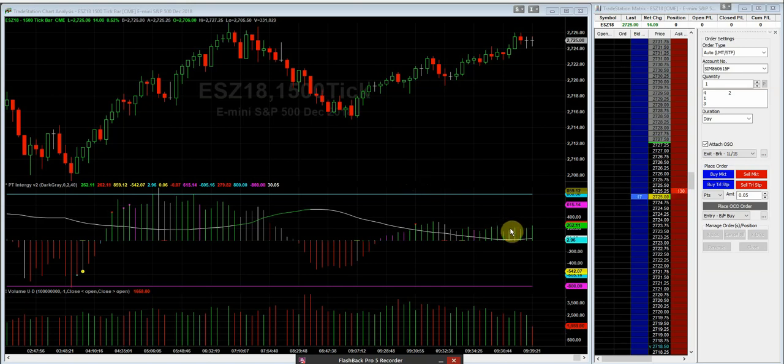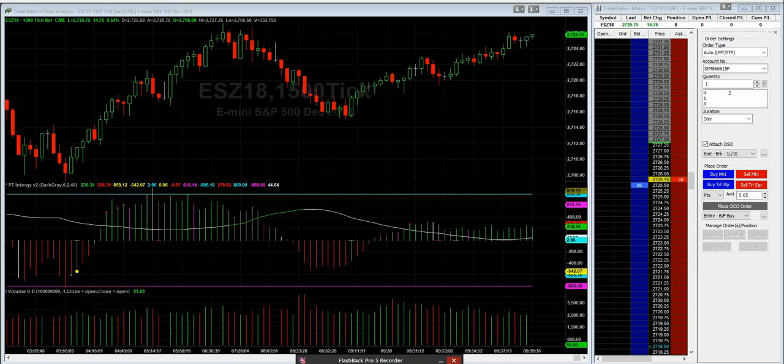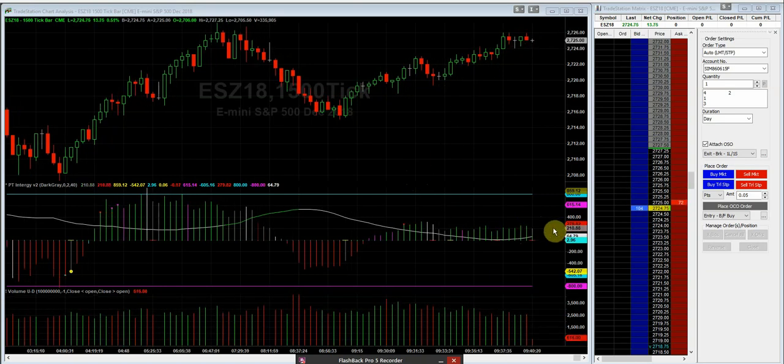Now we see the demand kind of starting to incline upward again, but on the price we see we're getting dojis as well. So here we have a potential, we'll see what this is when the bar closes. If it's gray, it'll be weakness. If it's white, it's potential down.